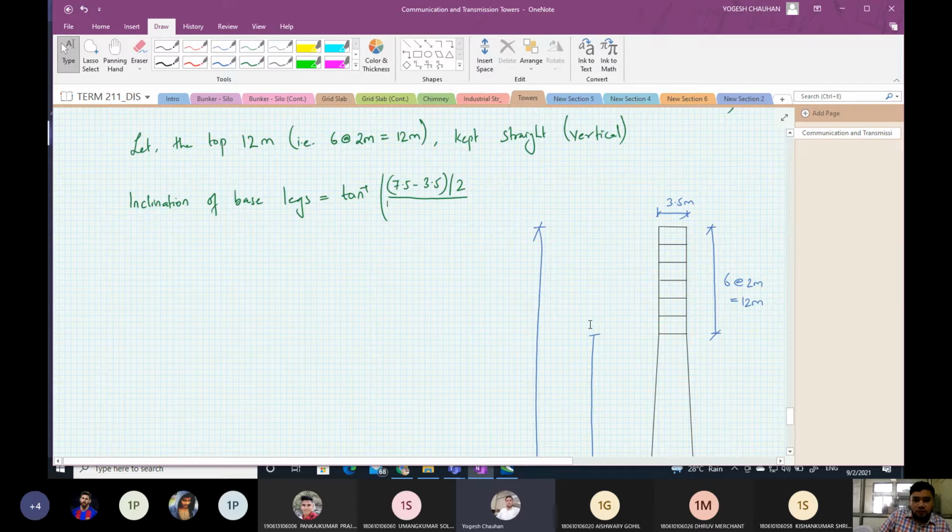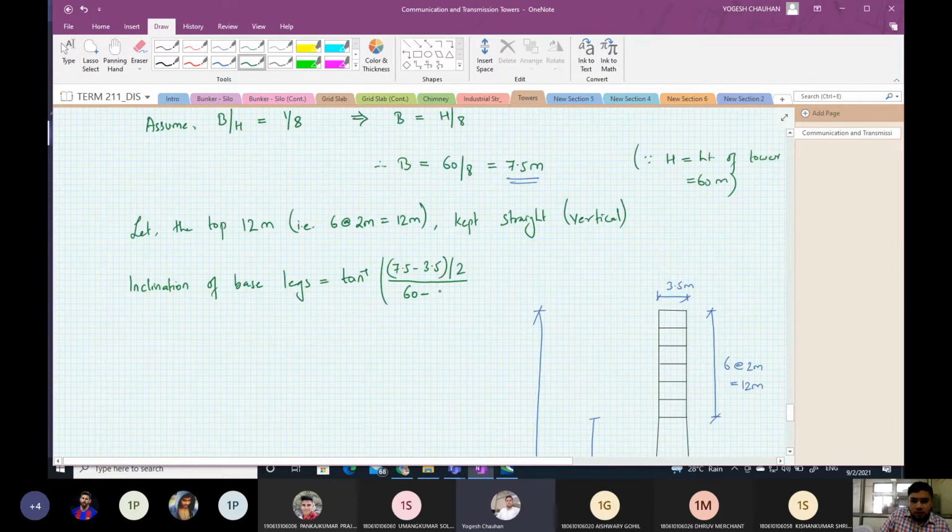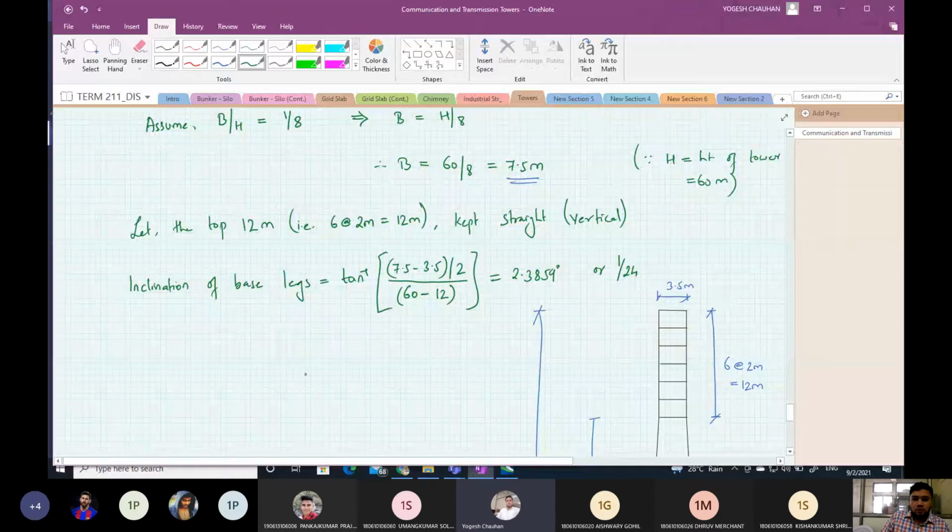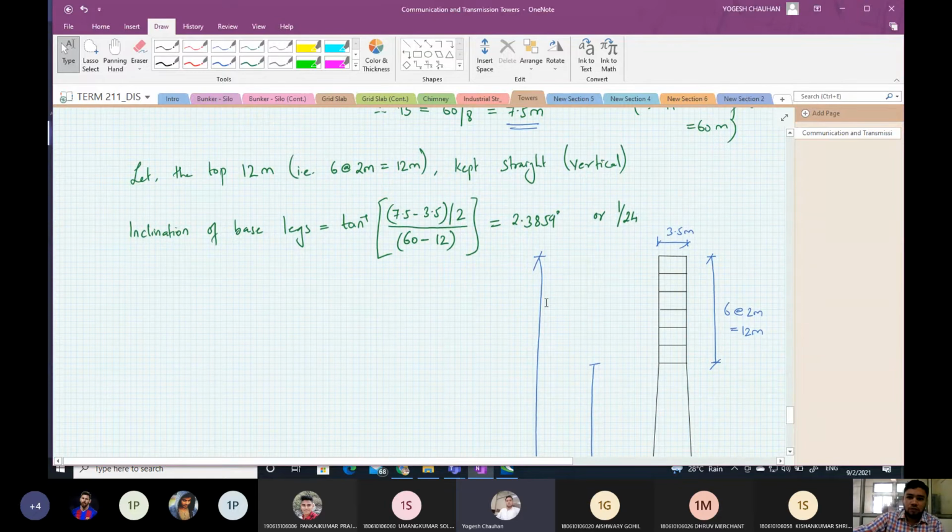This gives theta as 2.3859 degree, or we can say the slope of the inclined portion is 1:24.